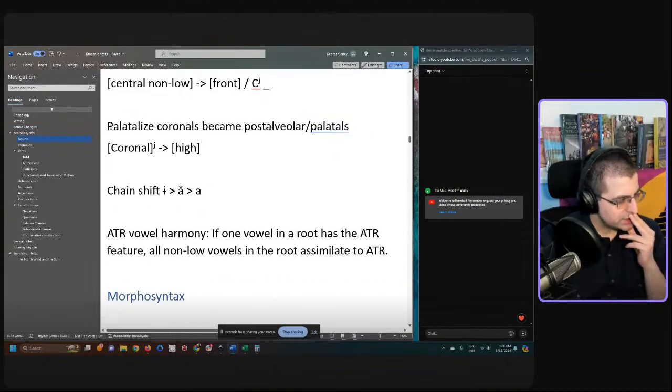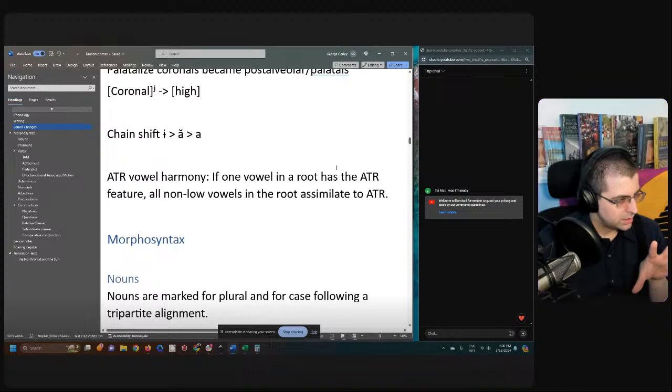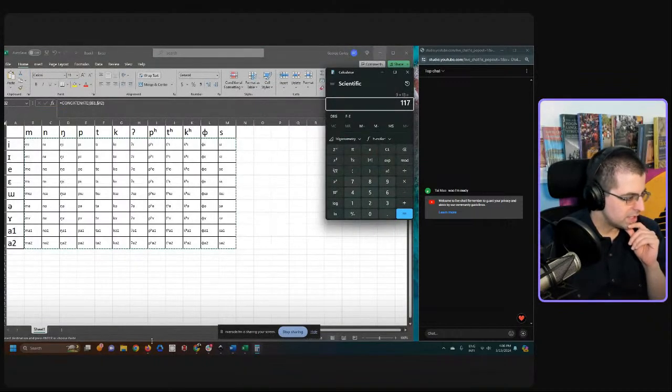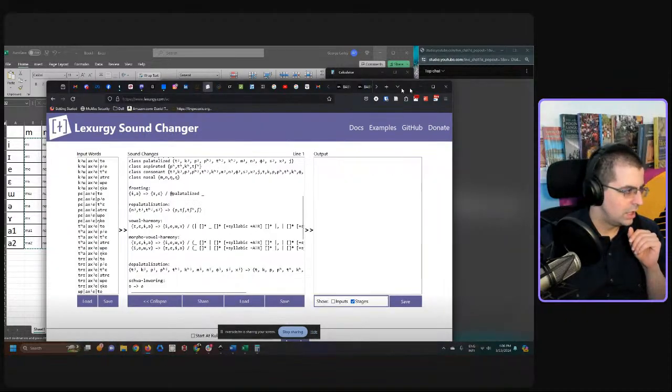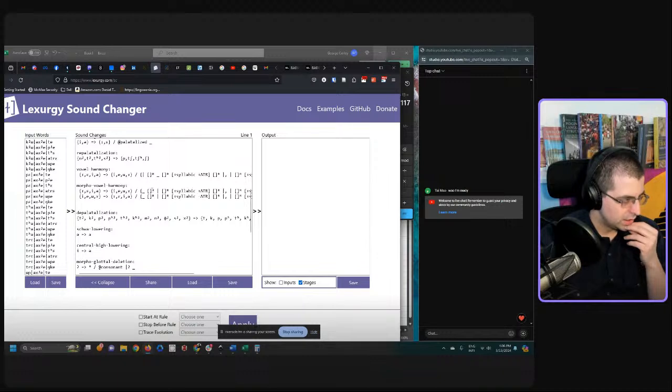I'm going to say that the consonants got in place before the palatalization rule. But we don't have to do everything at the same time. Or, let's see actually, because I think those rules are out of order. I need to see what the order was here. Yeah, okay. We have repalatalization happening before vowel harmony.